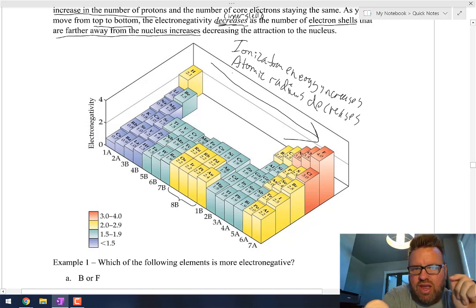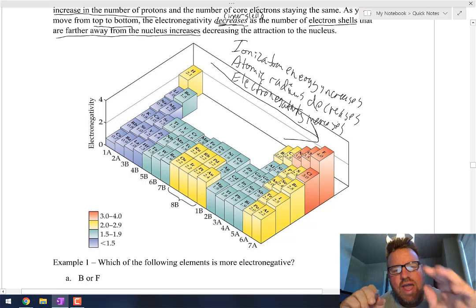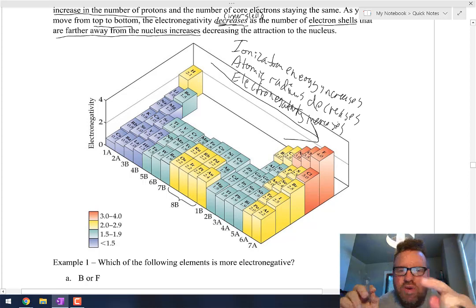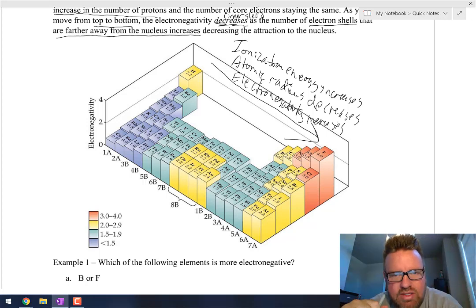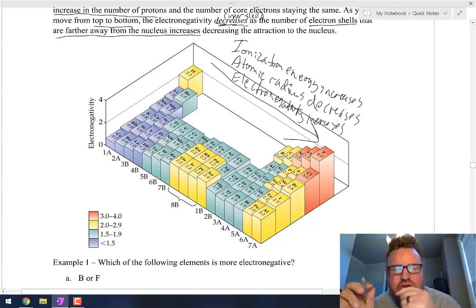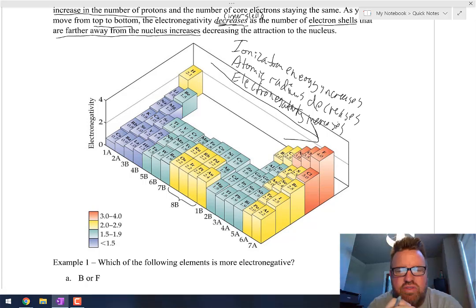And number three, the electronegativity increases. All three of those things happen as you go from left to right. And the reason why all three of those things happen is exactly the same. Because the number of protons increases, so the attraction to the nucleus is stronger, yet the valence electrons are all in the same shell, so you're not adding any distance between the nucleus and the valence electrons.